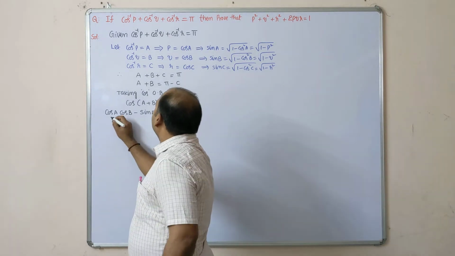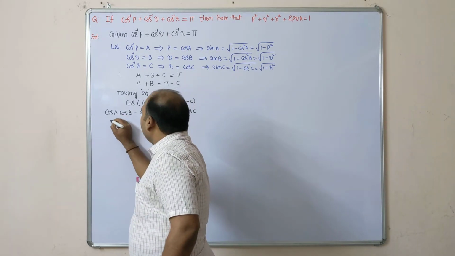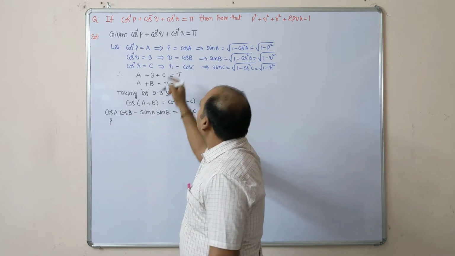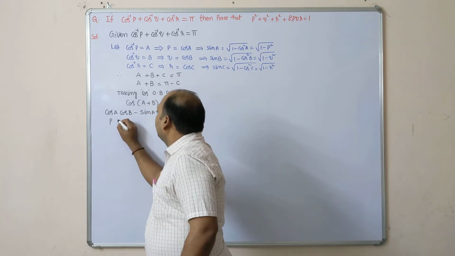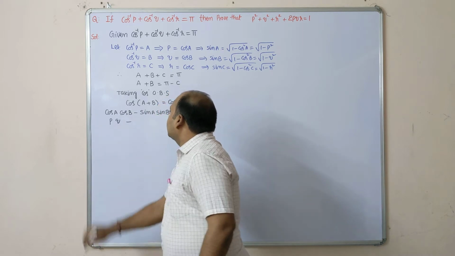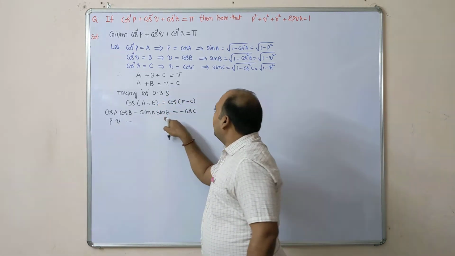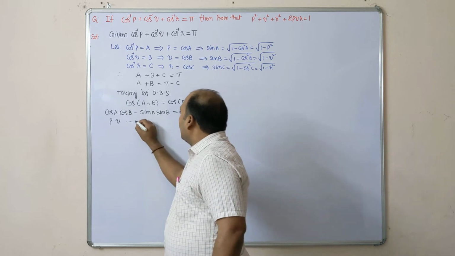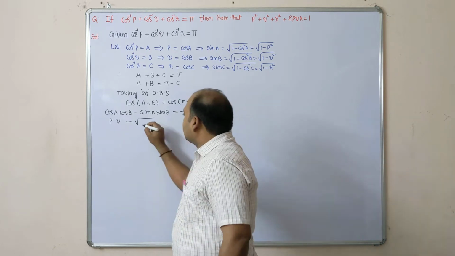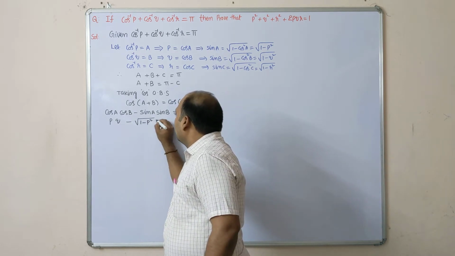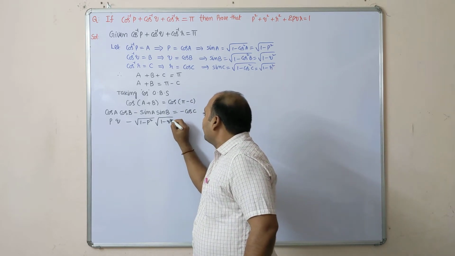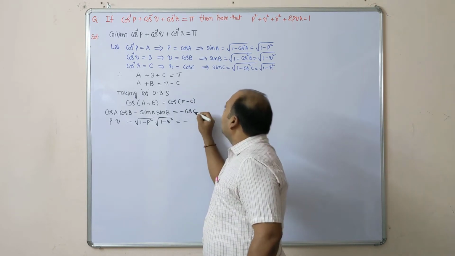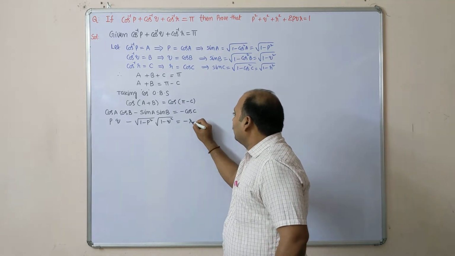Here cos A value P, cos B value Q, minus sin A sin B, sin A value root 1 minus P square into root of sin B value 1 minus Q square is equal to minus cos C value, R.